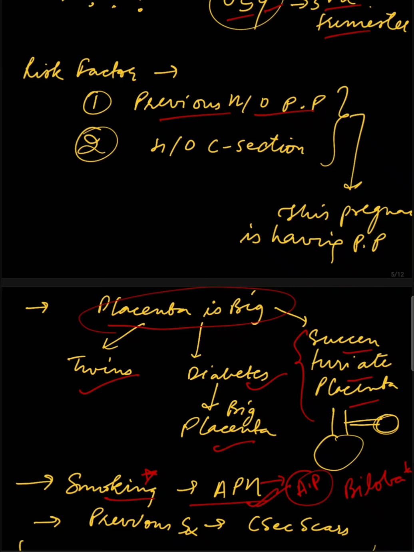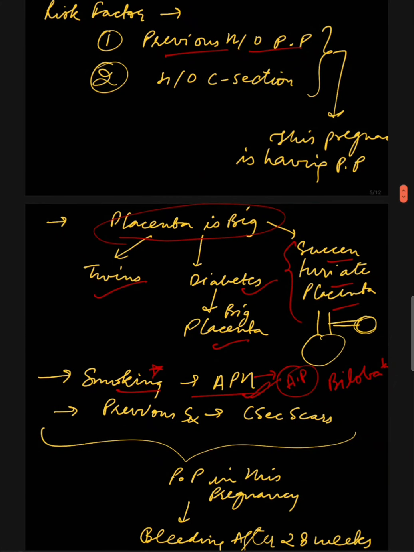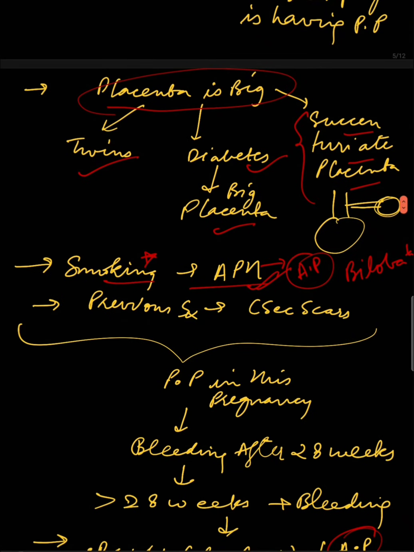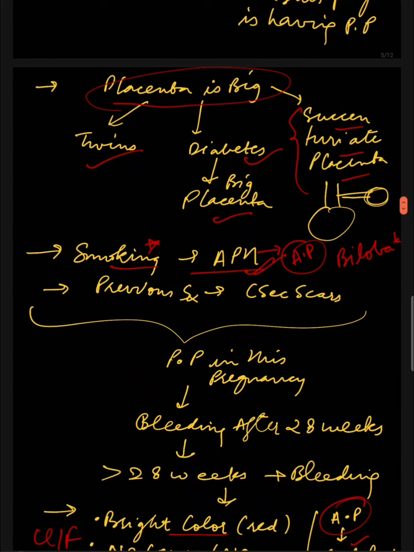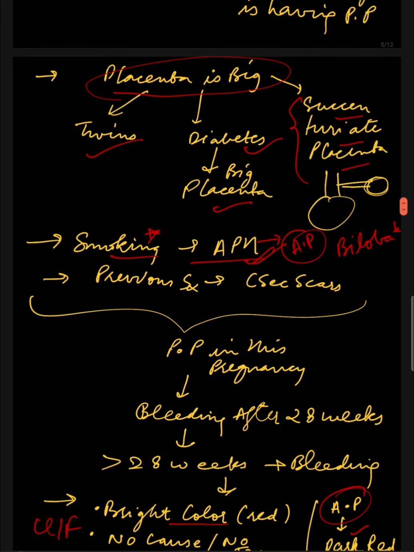Second most, if there is a history of C-section in the previous pregnancy, this pregnancy can have placenta previa. All right. I was telling you why the placenta is lying low, why it is not lying in its normal position. If the placenta is big, it can be big in twin pregnancy, or if a patient is diabetic, there can be a big placenta, it's a risk factor.